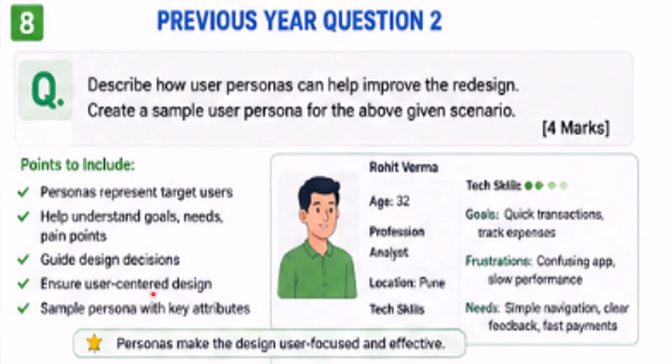In this example, Rohit Verma is an analyst who wants quick transactions and expense tracking. His frustrations include confusing navigation and slow performance. By designing solutions around such personas, teams can create products that better meet user expectations. So personas make the design user focused and effective.